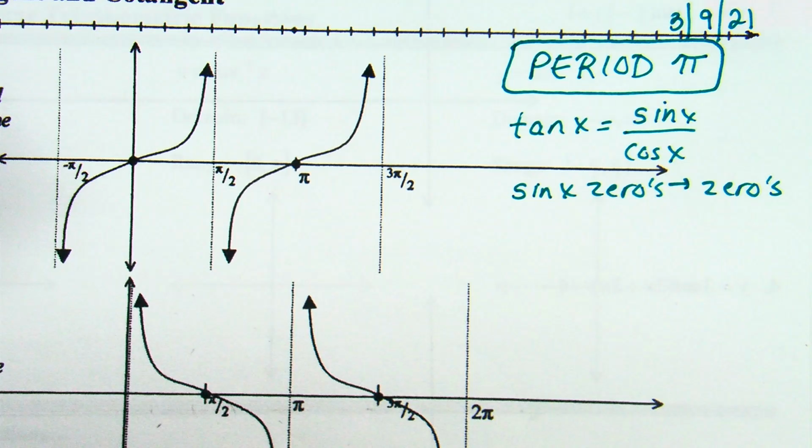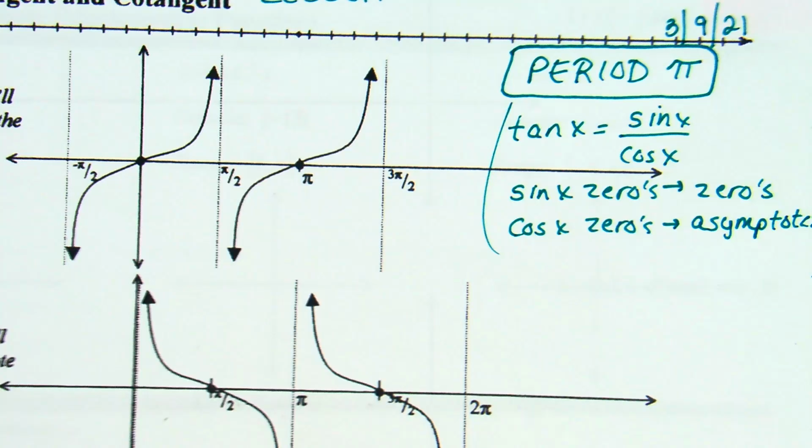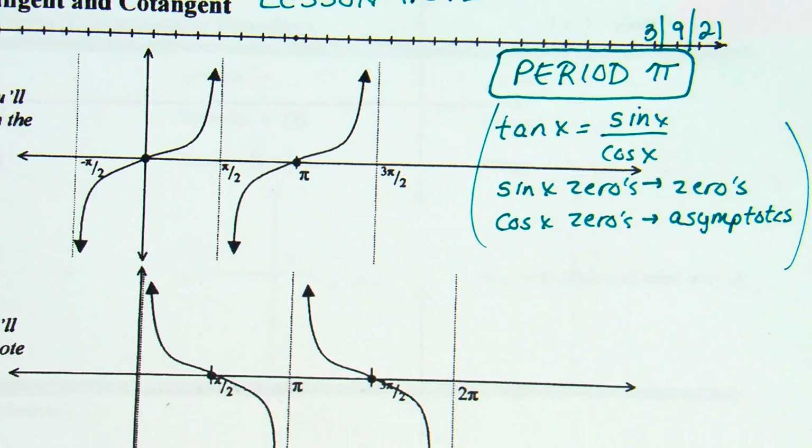Anytime cosine would normally be 0, those are asymptotes. In all honesty, you don't have to know this to do your tangent graph. It's connecting information that can help if you forget which one is tangent, where to start, and what to do.